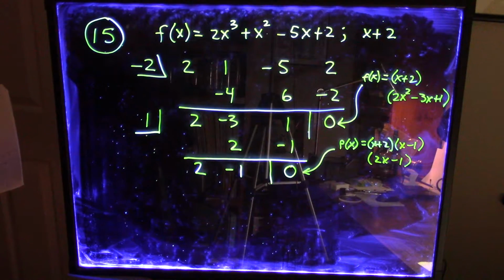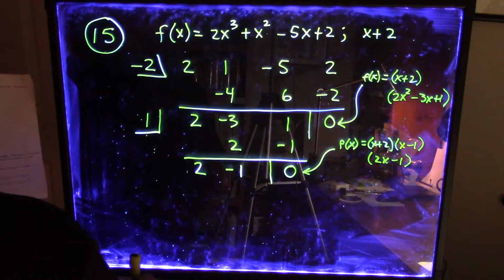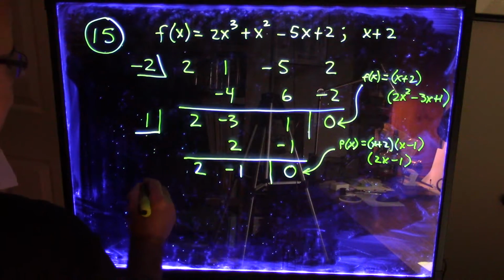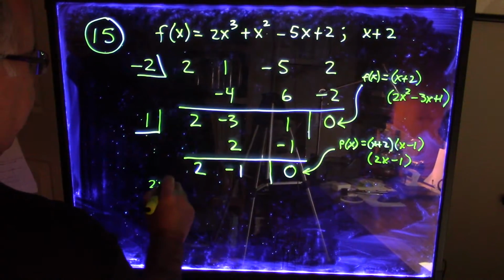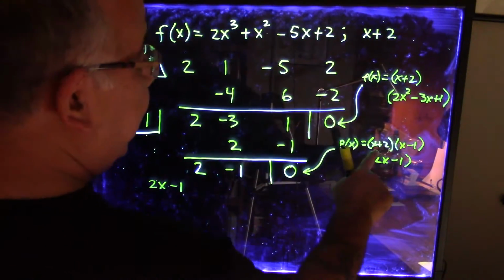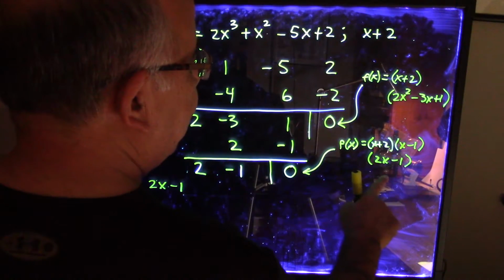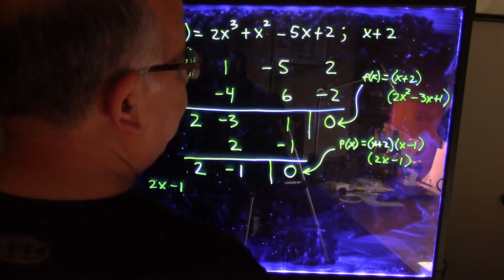So now you can do synthetic division again if you wish, but it's very easy just to write 2x minus 1 equals 0. If you take this polynomial and solve it for all of its zeros, you set each factor equal to 0 and solve separately, right?